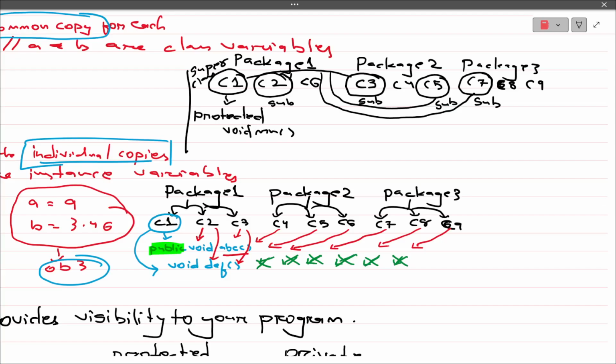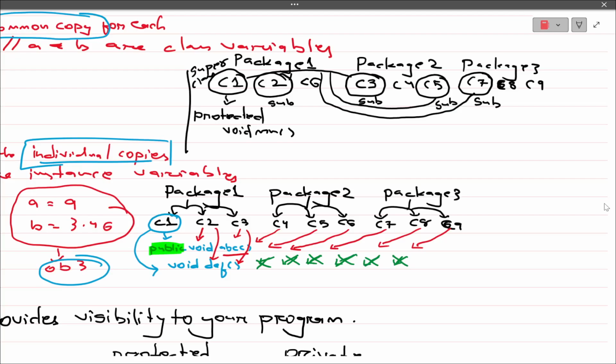So here it says that it is not observing same package or different package. It is just saying that the method, that is mn, is accessible to all the subclasses that may be present in a package or in other packages.